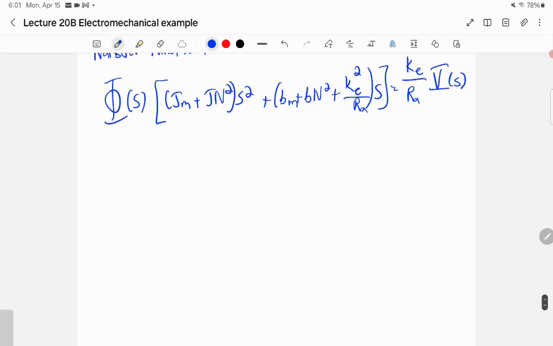And obviously my transfer function, this is going to be my plant, right? This would be my plant system.